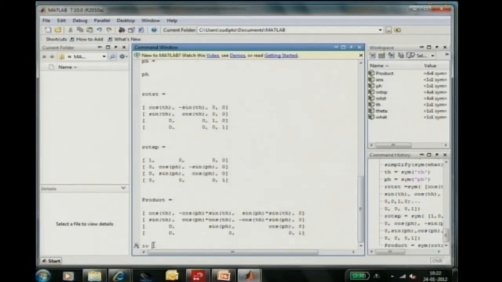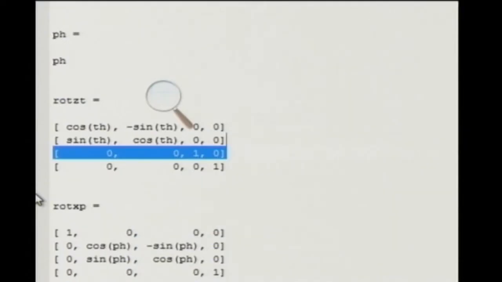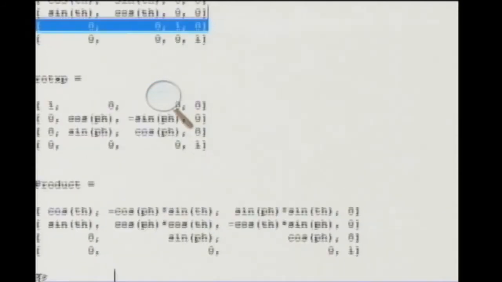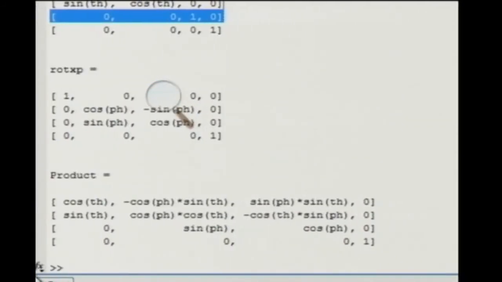See what it does. Okay, so you get the full trace. It defines the Rot-Z matrix like this, rotation about the z axis by theta in this form, and then rotation about the x axis by phi in this form, and then it gives you the product very neatly in this form.